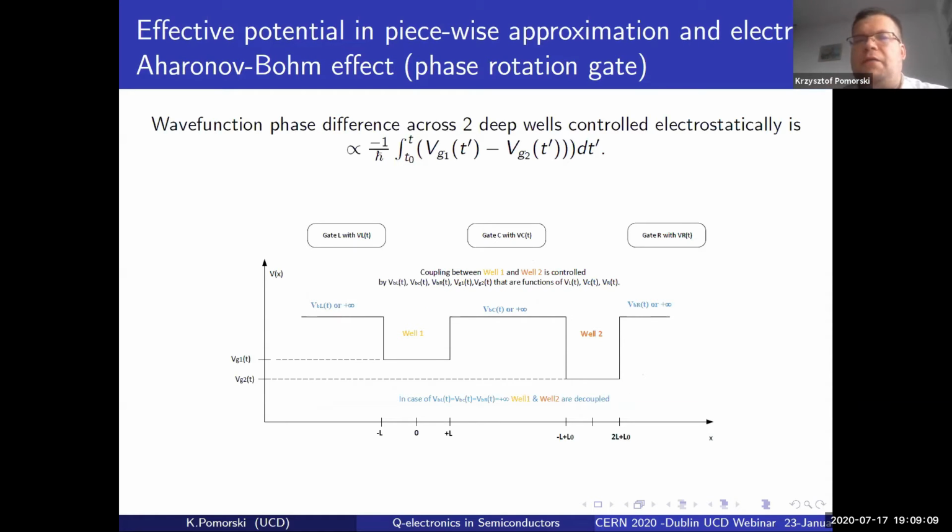All right. So another way is to use, before I used the magnetic field, so vector potential Aharonov-Bohm effect, and also I can use the electric version of the Aharonov-Bohm effect. So if I have a position-based qubit, if I have the same bottoms of potential, the wave packet is evolving in the left and right quantum dot with the same speed. However, if I lower one of these bottoms of potential, then I will get a different speed of evolution of a wave packet, and then this difference can be scaled by this integral over VG1 and VG2.